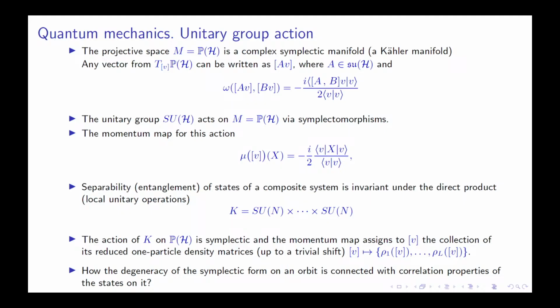A Kähler manifold is a symplectic manifold which is complex, and this complex structure is compatible with the symplectic structure. What does it mean? In a complex space, if you take a tangent space at some point, you can multiply the vectors by i, and they will stay in this tangent space. So this is really the complex structure.